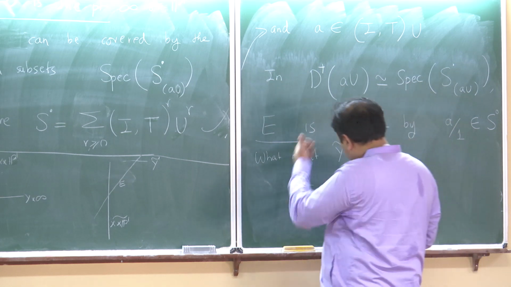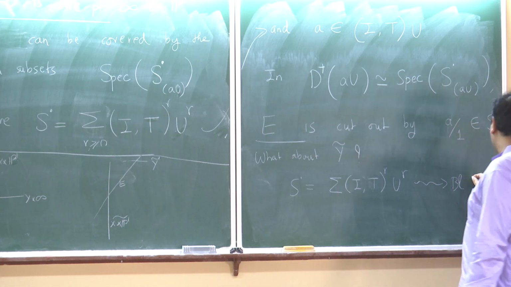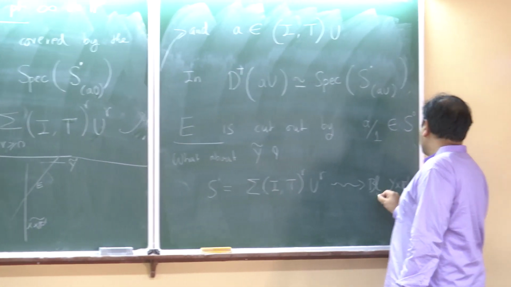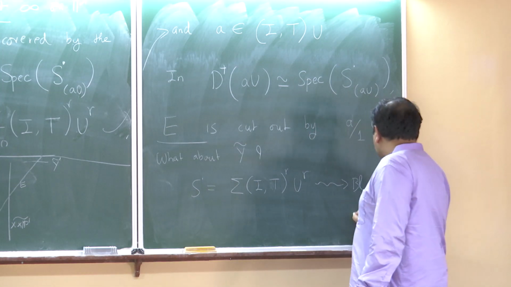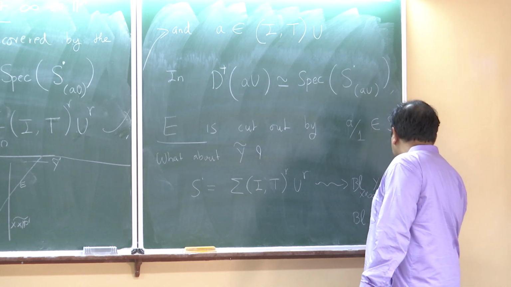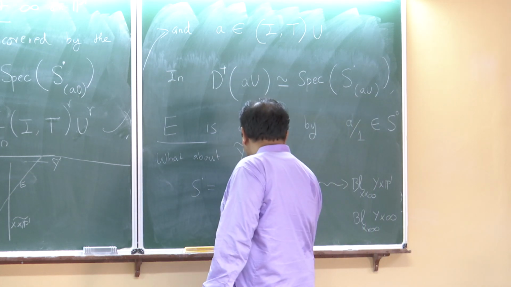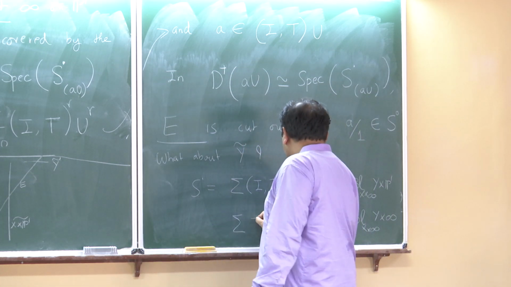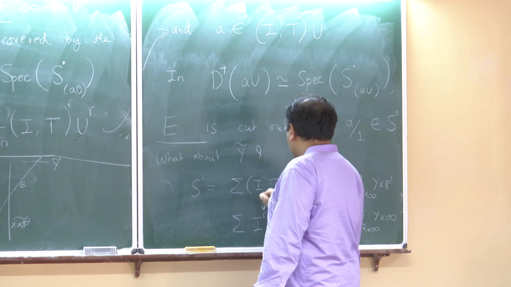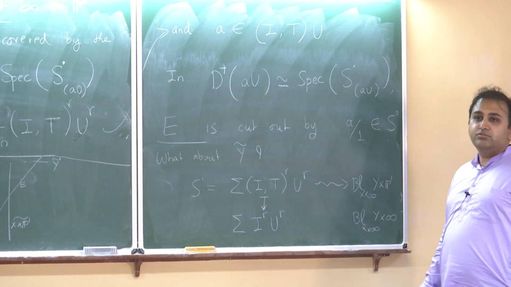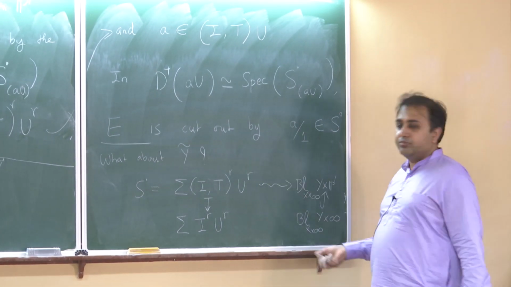This gives me the blow up of y cross p1 over x cross infinity. Now, what is the corresponding thing for the blow up of y cross infinity at x cross infinity? I get the algebra I to the r, u to the r, and I have this surjection which gives me this embedding. So I just need to figure out the kernel of this.